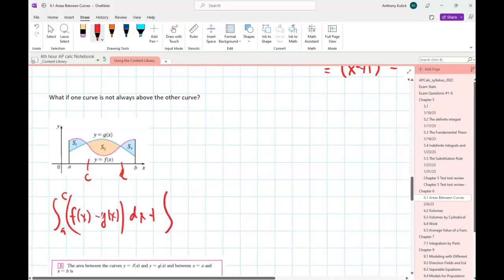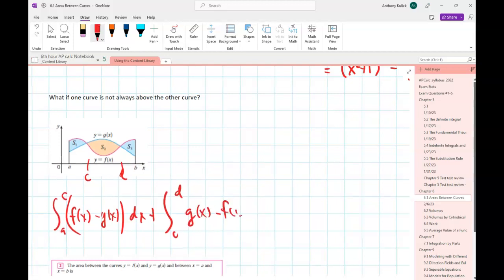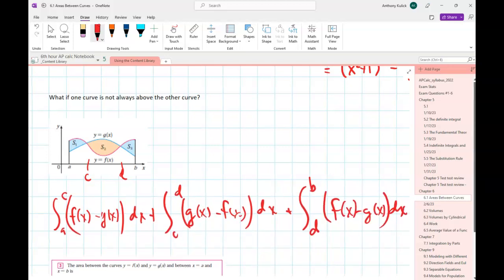And then where they switch, we'll go from C to D, and then we'll have g of x minus f of x dx. And then where they switch back, D to B, we'll switch back to f of x minus g of x dx. So just break up the problem into several integrals based on who's on top and who's on bottom.